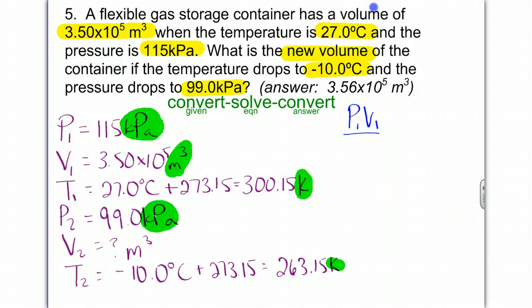So now that I have that established, let's see what our equation is going to be. P1 V1 divided by T1 equals P2 times V2 divided by T2. Nothing is constant, so we will be using every number for this calculation.